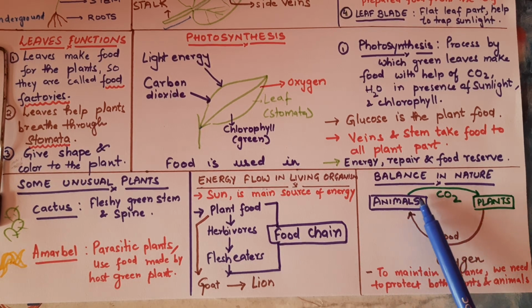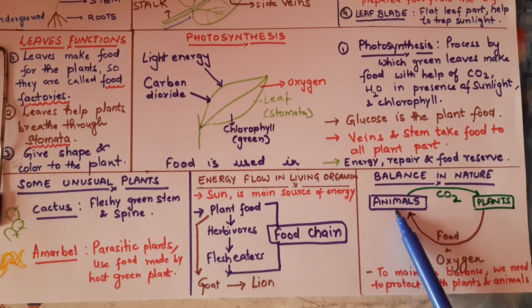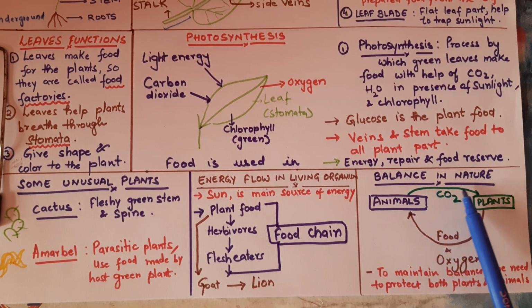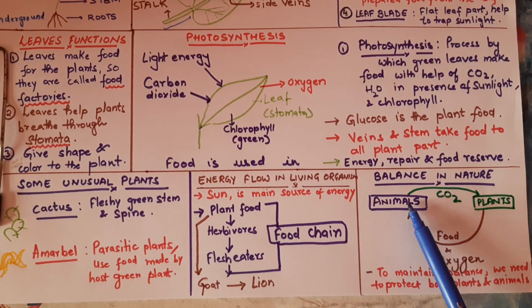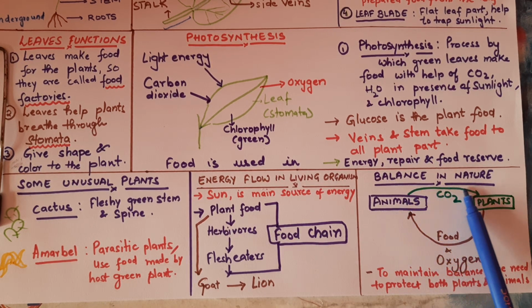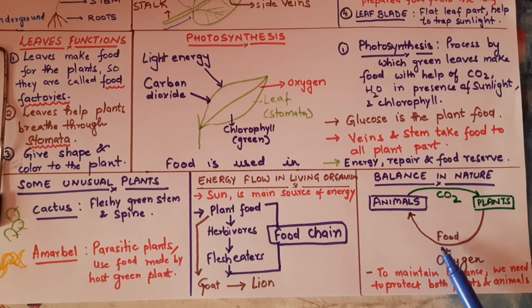Okay, so we animals take in oxygen and exhale carbon dioxide. This carbon dioxide is utilized by the plant for making its food. After utilizing what it takes from us, the plant gives us food and oxygen.